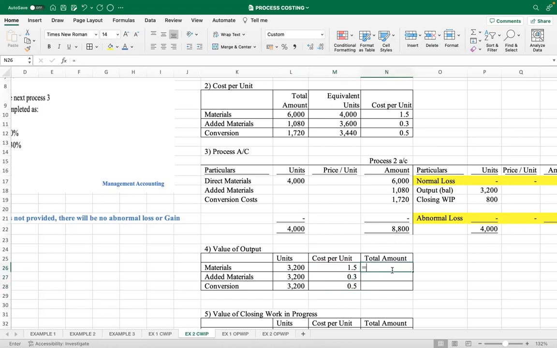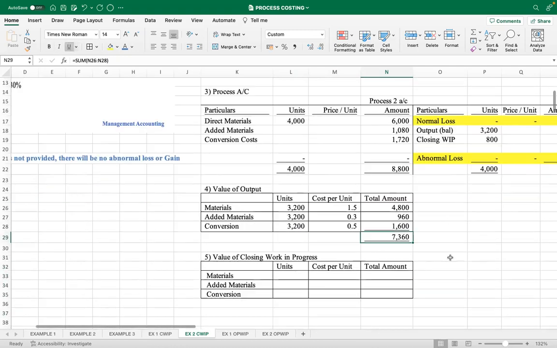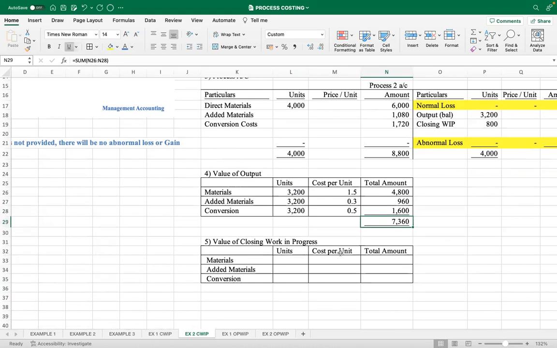What is the total amount? 3,200 times the cost per unit, 4,800. And then I can get the summation. So it gives us a total cost value of output of 73.60. That is for value of output.